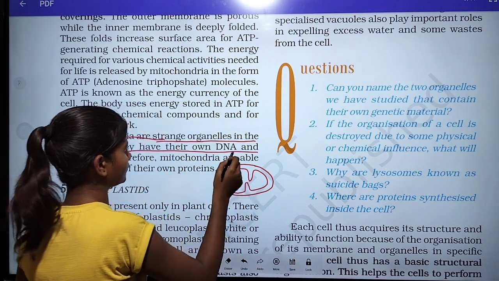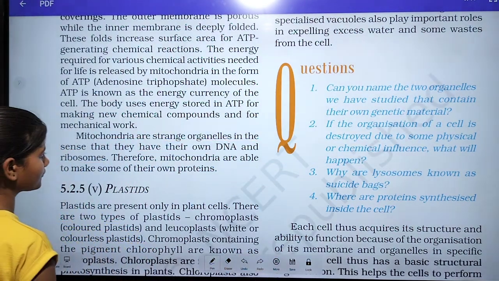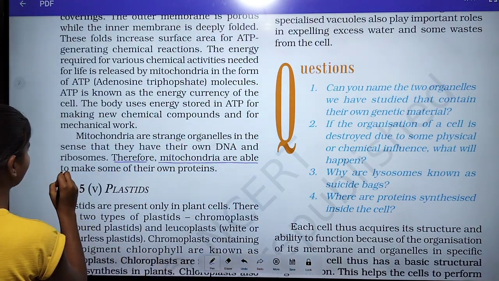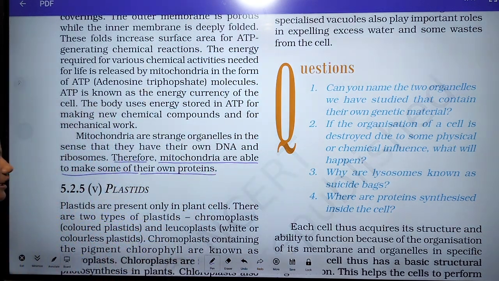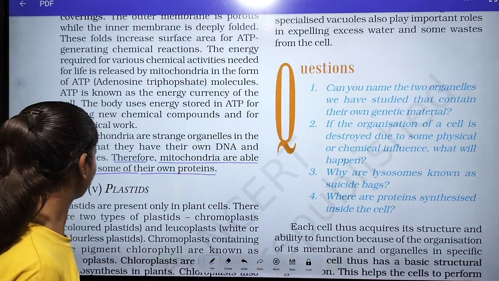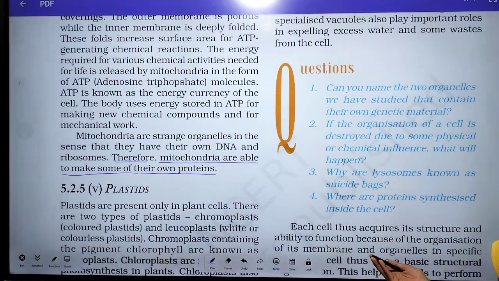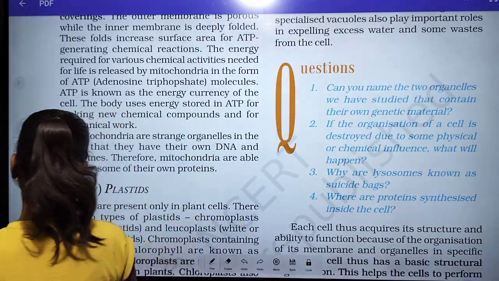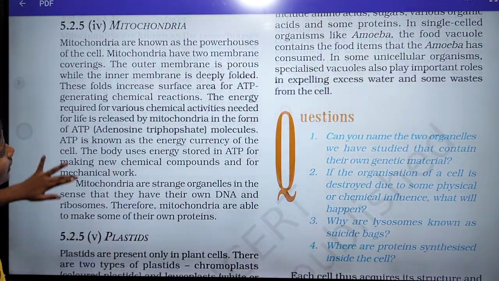Therefore, mitochondria are able to make some of their own protein, because they have ribosome and DNA. Okay, this is all about the mitochondria.